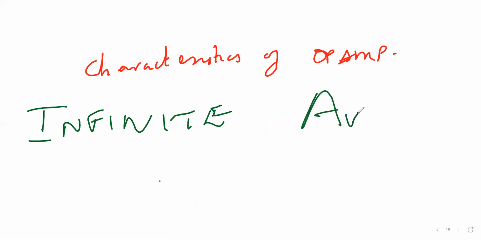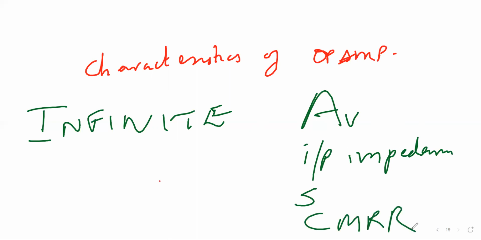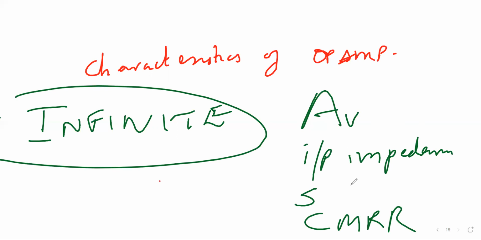Infinite voltage gain AV, infinite input impedance, infinite slew rate, infinite CMRR. Can you remember these four things? Yes, sir. Infinite is my keyword here. There are some more characteristics which I gave you in the notes. Easy or difficult? Easy, sir. Very good.